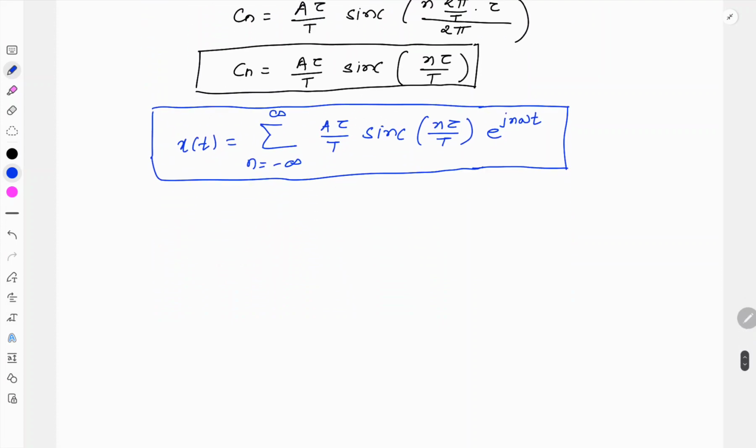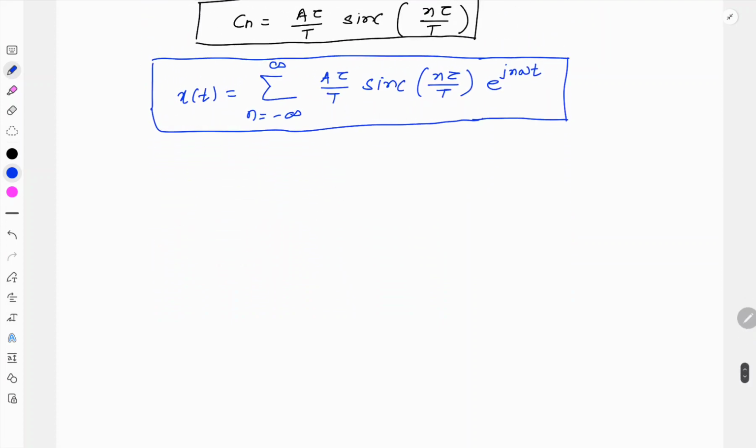Now we are supposed to find out the spectrums. So first let us start with the amplitude spectrum. To find out amplitude spectrum, we need to find out mod of Cn.